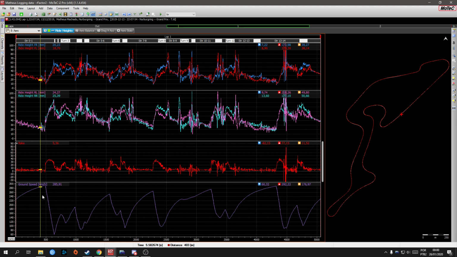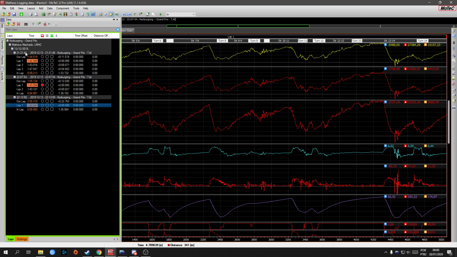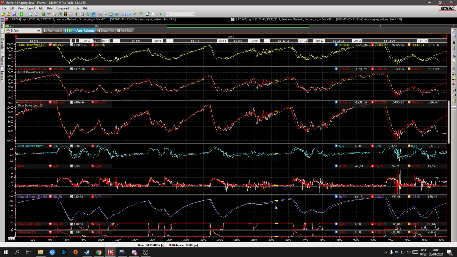Also, I highly recommend when you're looking at any kind of aero data that you put some kind of speed channel to compare the data. Because let's say I'm going to look at this lap where I was massively slower. So let's look here.